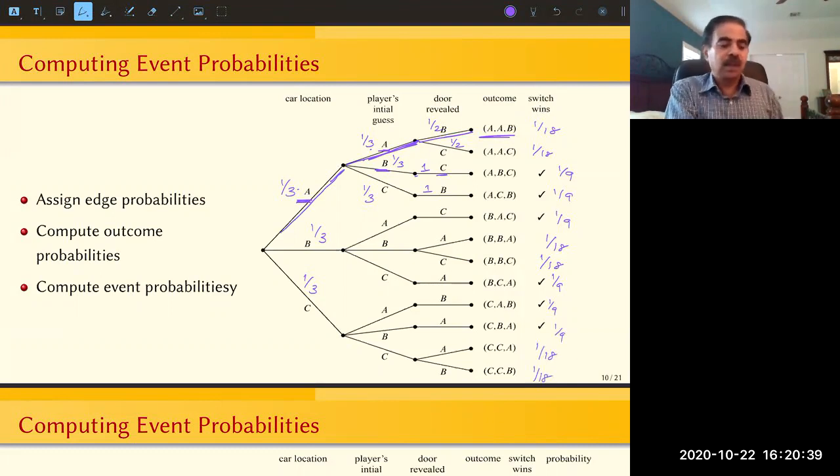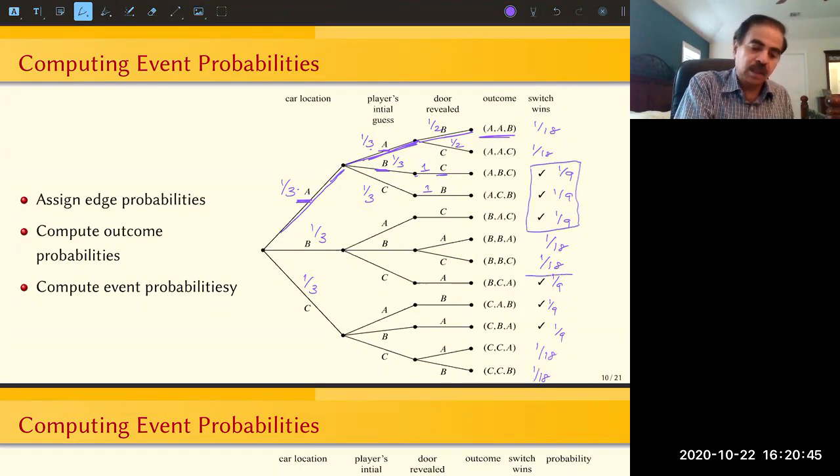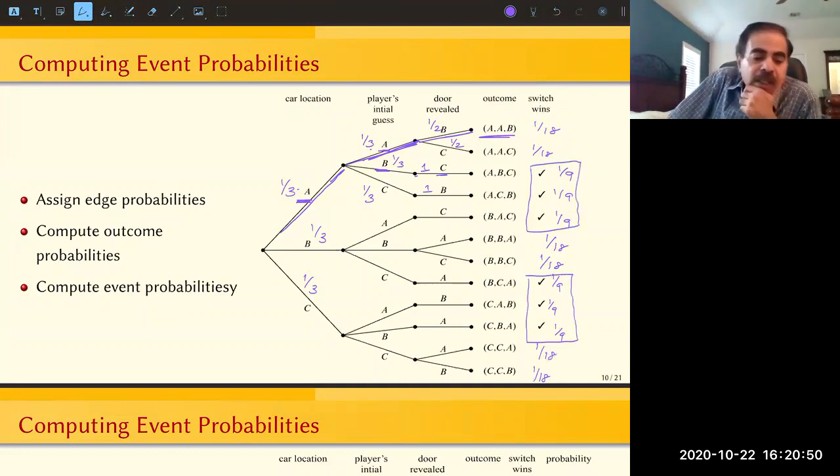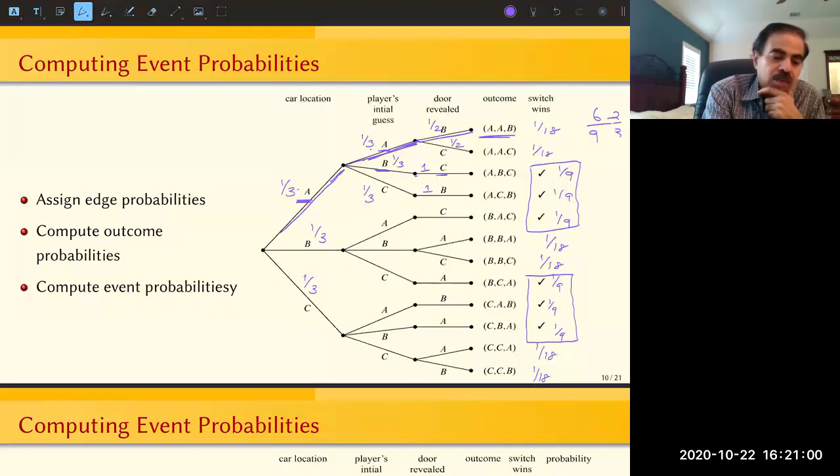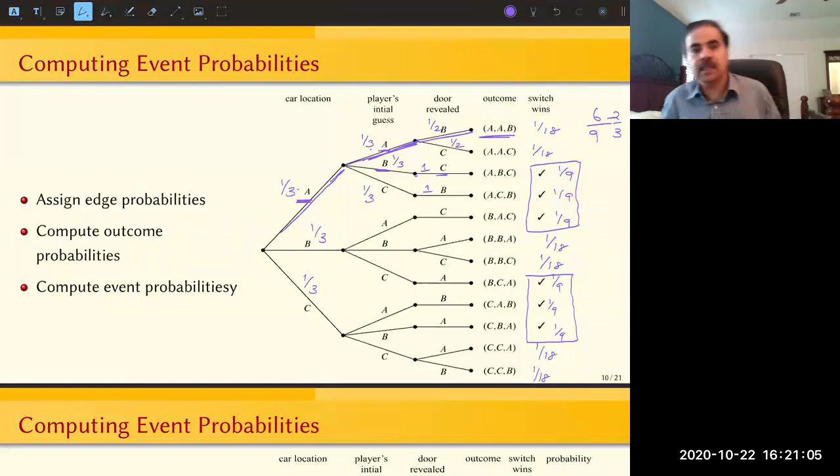Okay, so now let's add up the probabilities corresponding to the ones that have a tick mark. So that adds up to 6/9 or 2/3, right? So what it tells you is if you switch, then your probability of winning becomes 2/3, right?